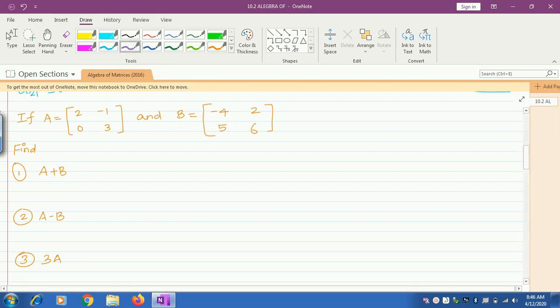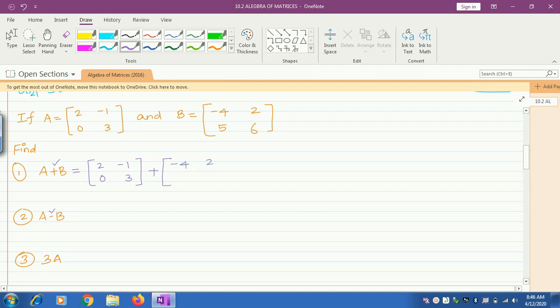Solution. So here there are 2 matrices we have to add, here 2 matrices we have to subtract, and here you have to multiply by 3. First I can calculate A plus B. So A, this is the same matrix, 2, minus 1, 0, and 3, plus B. What is B?